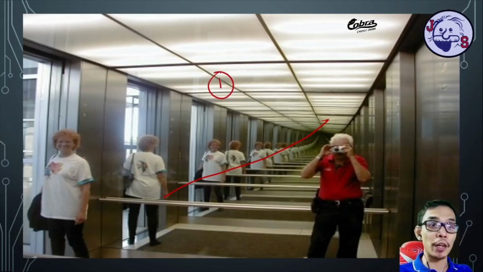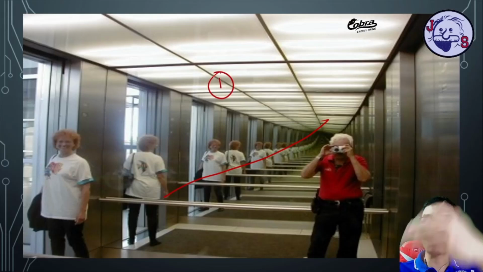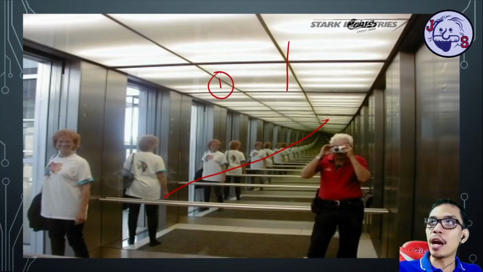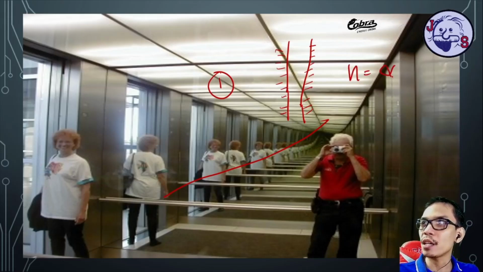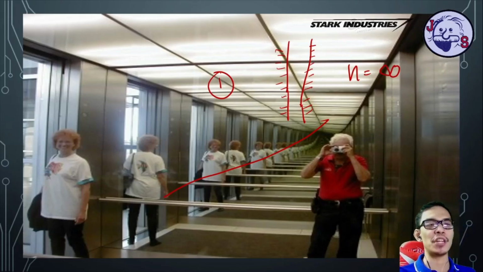They are now parallel to each other. Therefore, the number of images is infinite. Placing the mirrors parallel to each other will create an infinite number of images.